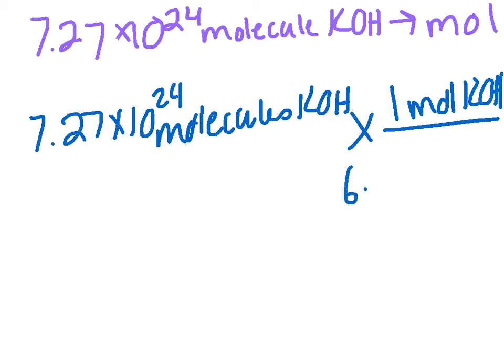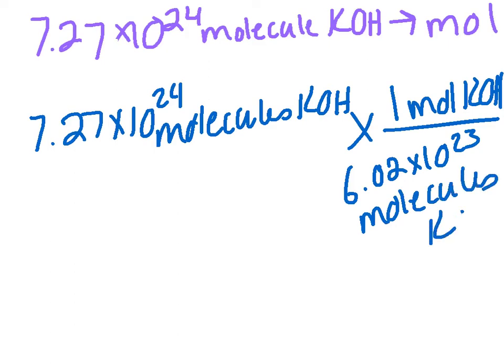So I still have 6.02 times 10 to the 23rd. This time it's molecules, potassium hydroxide. Okay? Now, dimensional analysis rules again mean that it's going to work because molecules, potassium hydroxide is on the top and then it's also on the bottom, so I can cancel it out.